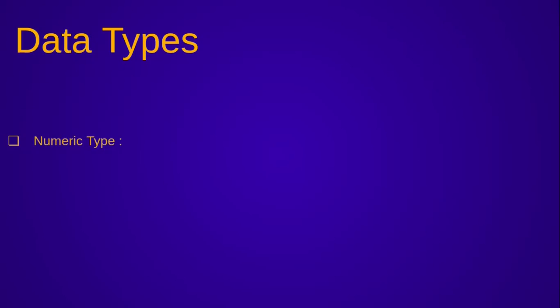So the first value is a numeric type, so these are numbers obviously. This is divided into two groups, but one thing to mention is that these are not all the data types. Even for the numeric type, it doesn't have only two data types. There's a third type, but I'm not going to talk about this type in this tutorial.